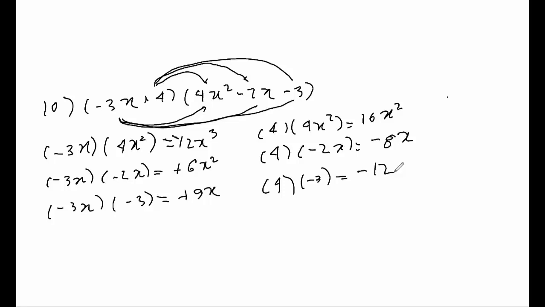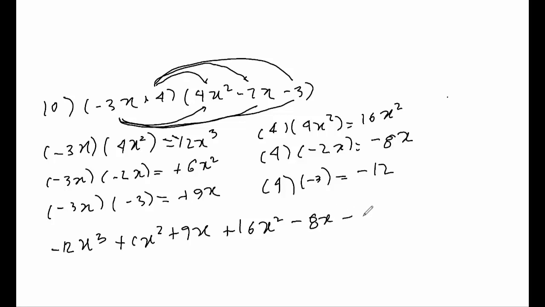Again, putting this all together and collecting common terms, 12x cubed plus 6x squared plus 9x plus 16x squared minus 8x minus 12.